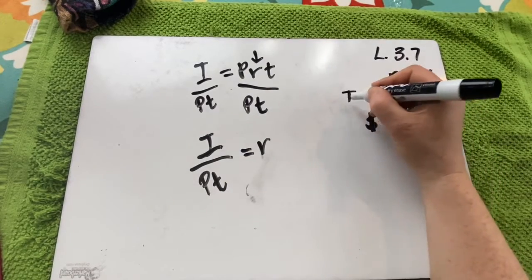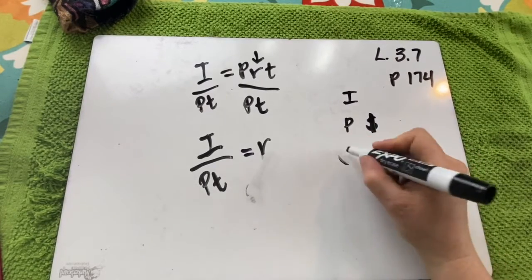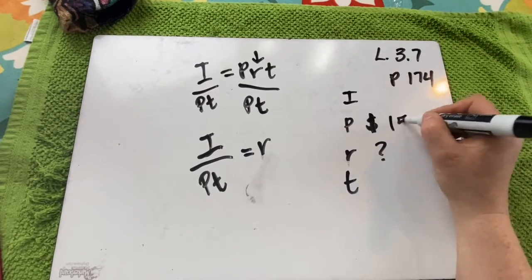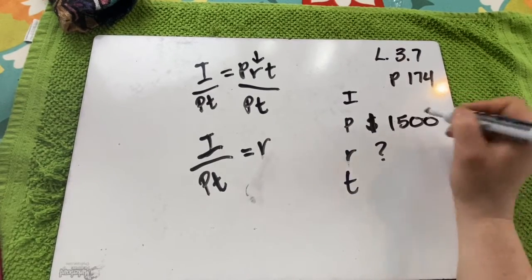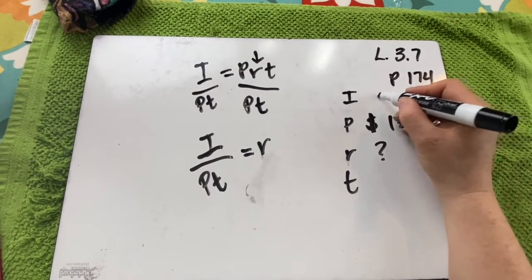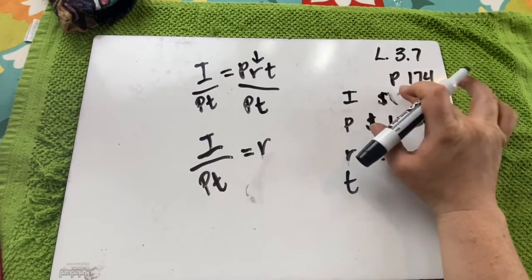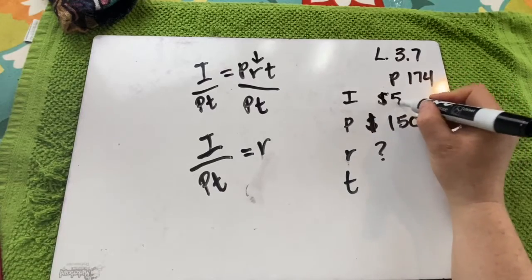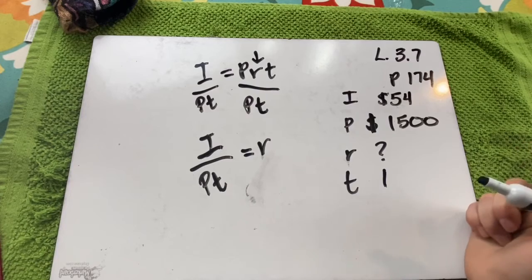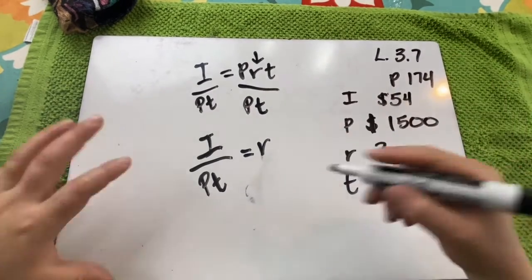You have I, P, R, T, and I don't know R. They said 1,500 for the principal that earned $54 in 1 year. So you just put it into here.